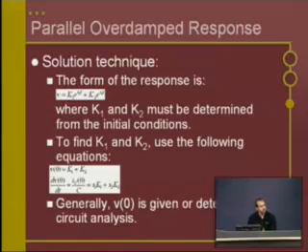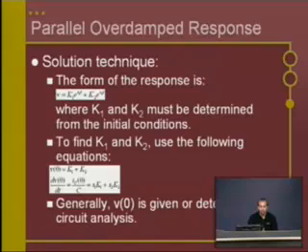You need some sort of initial condition. The cookbook way of finding K1 and K2 is that whatever the initial voltage was across all of those elements, they're all in parallel so they all have the same voltage across them, is just the sum of K1 plus K2. Then, from a differential equation solution point of view, you need a constant from the first derivative.